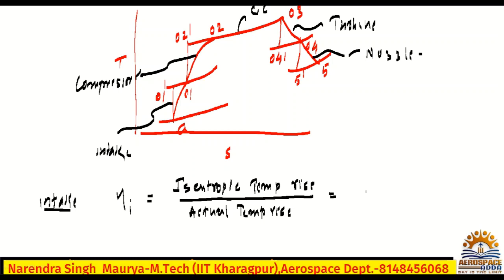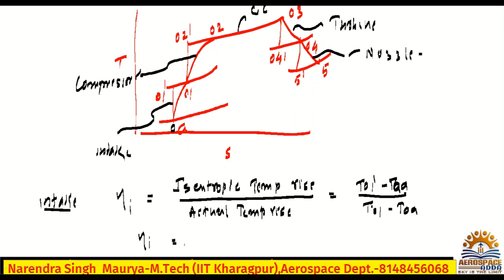So here what is the isentropic temperature rise? It is nothing but T naught 1 dash minus, you just say this is the A point, T naught A, means total temperature, and this is nothing but actual temperature, so T naught 1 by T naught A. So what is the intake efficiency?